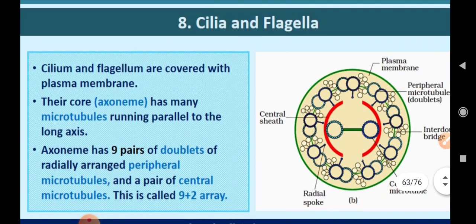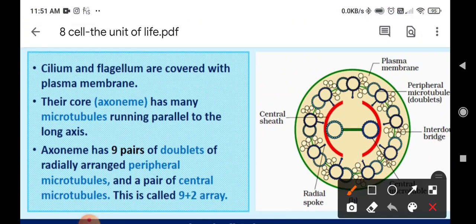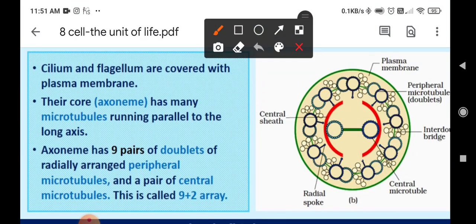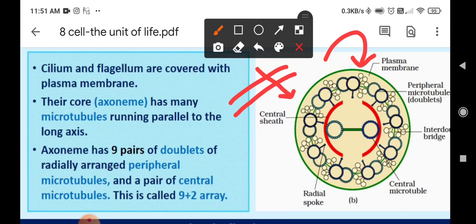Now if you look at the internal structure of flagellum and cilia, they have a very nice structure. For example, this is a flagellum or cilium. If you take a transverse section, the structure internally will appear like this.